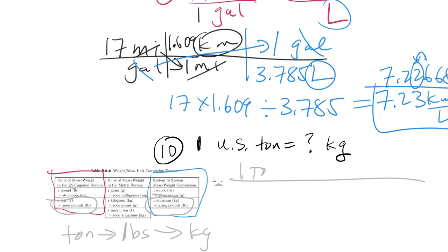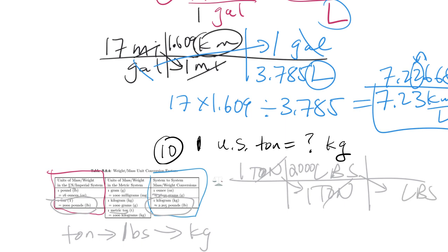So 1 ton, U.S. ton. There is a metric ton that's different. Use the U.S. ton. Okay, 1 U.S. ton. Bring down tons. Change it to pounds. There's 2,000 pounds in 1 ton. And then bring down pounds and change it to kilograms. 1 kilogram is 2.205 pounds.